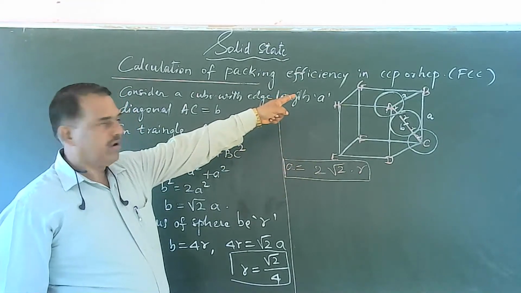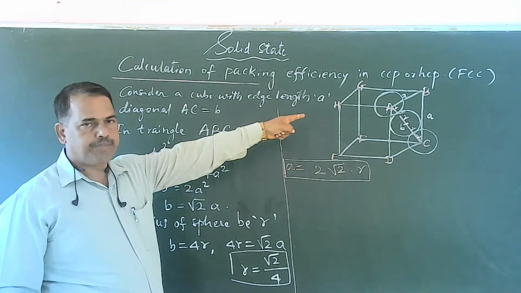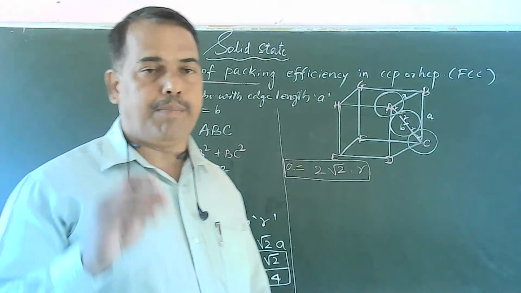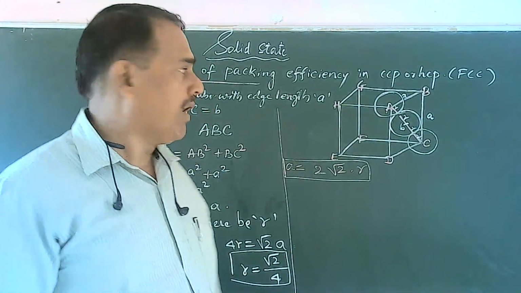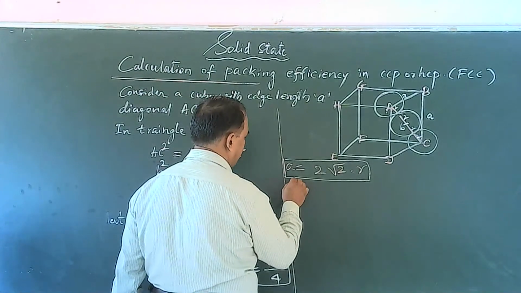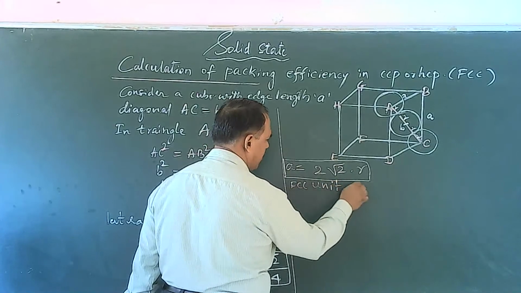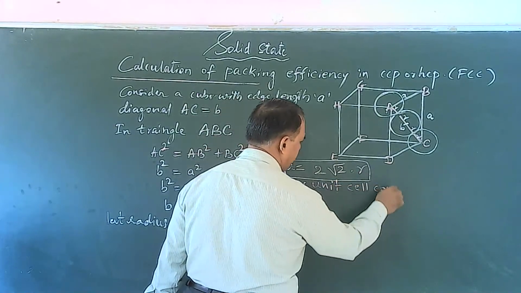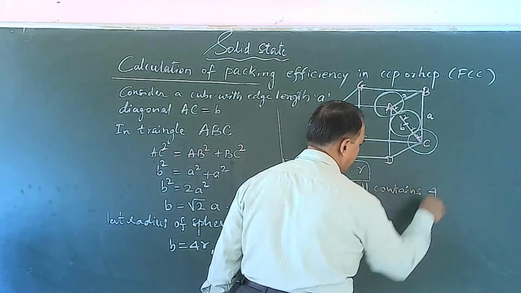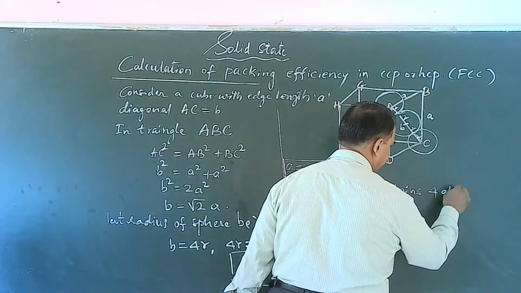If it is cubic close packed or HCP or FCC, the number of particles, so you know, the FCC unit cell contains 4 particles or 4 atoms.